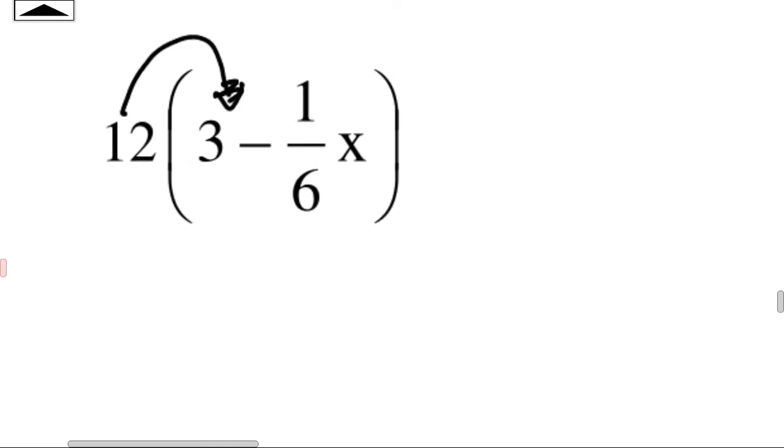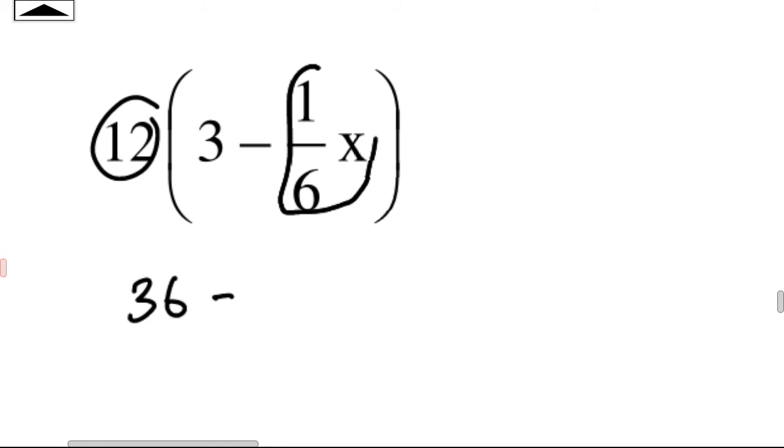12 times 3, well, 12 times 3 makes 36. And now I know, well, how do I know if this is going to be positive here or a negative here? Well, an easy way to think about it, I've got a positive number times a negative number. So right away, a positive times a negative, I know it's going to be negative. And if you don't know how to do this in your head, what is 12 times this? You can use a calculator.